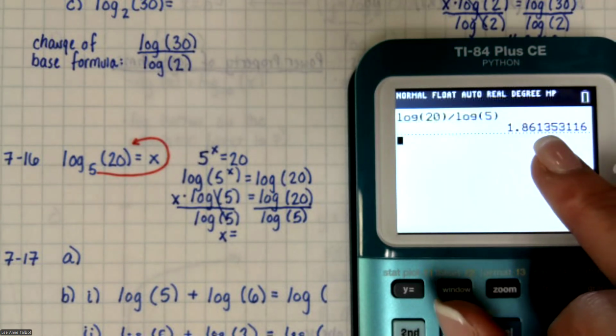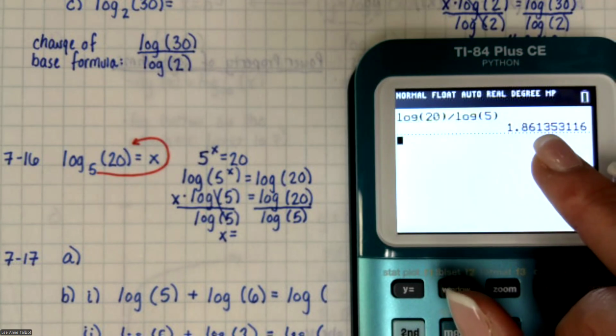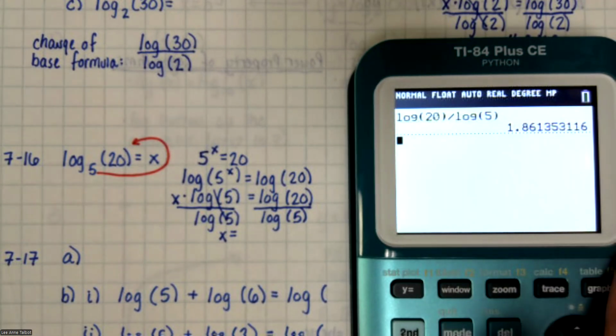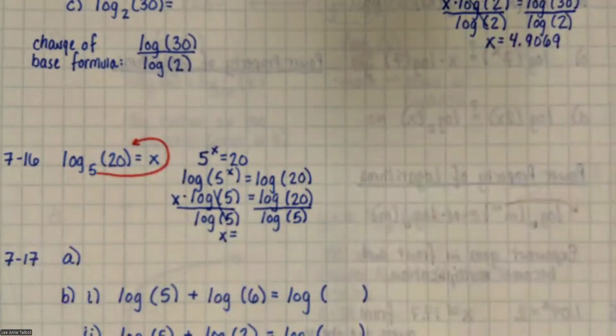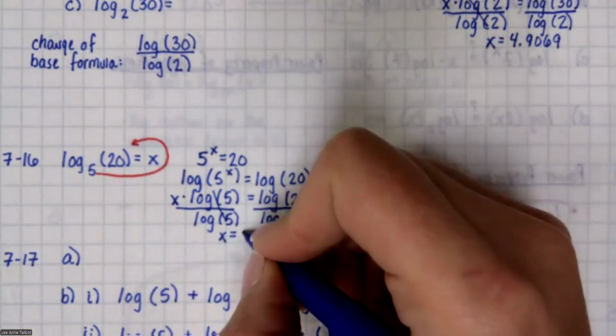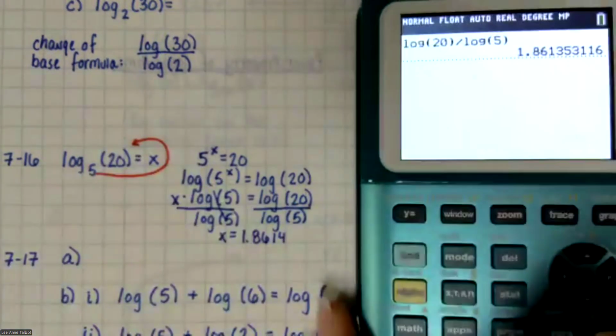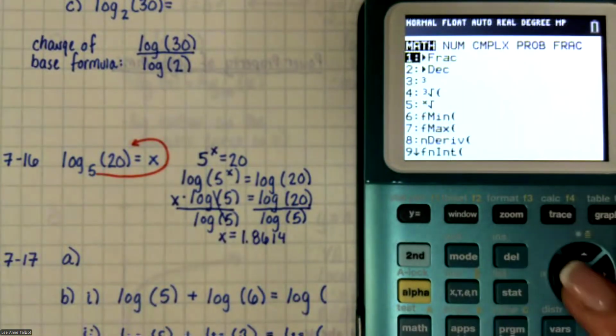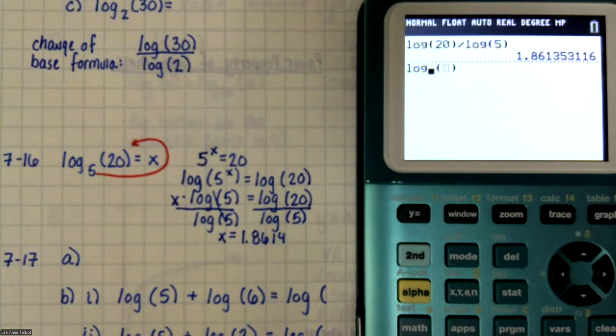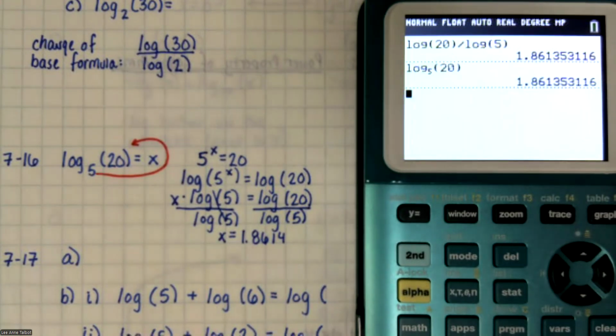So this is going to become a 4. So 1.8614 would be the correct rounding for that. Okay, and then I'm going to check my answer. Math, log base 5 of 20. Perfect.